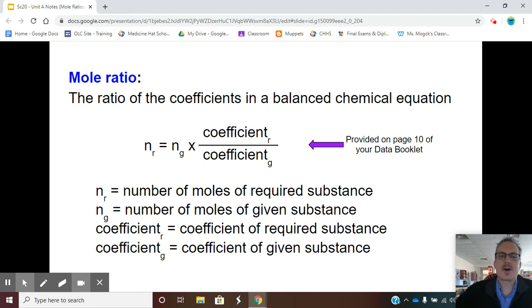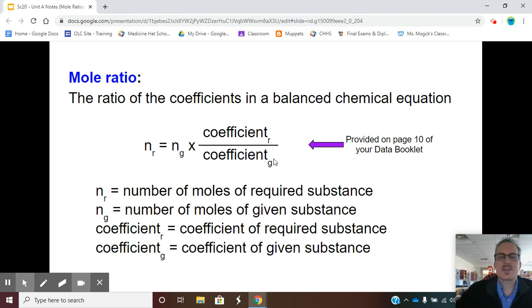So first off, I want to talk about what the N's mean, because if we take a look, there are 2 N's here. N stands for number of moles. The coefficients, those are our balancing numbers from balancing chemical reactions. So we're going to pull a number out of the balanced chemical reaction. The G's are what they give us in the question.